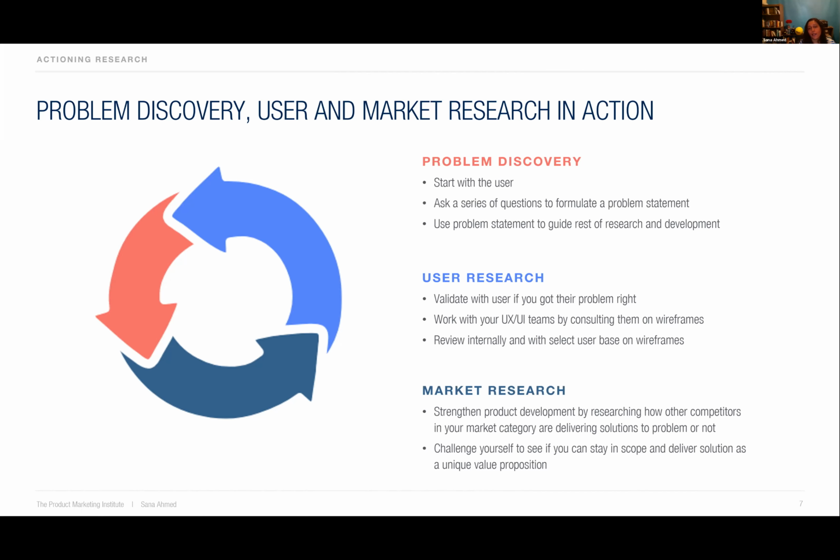And then going deeper, you're validating that user research with specific users, if you can speak to them, to see if the problem that you think they have is correct and if it's significant enough that they're looking for a solution. Once you validate that, you work with your UX and UI teams, consulting with them on the wireframes, coming up with a set of wireframes to ultimately show your user segment group. And then you review that internally.